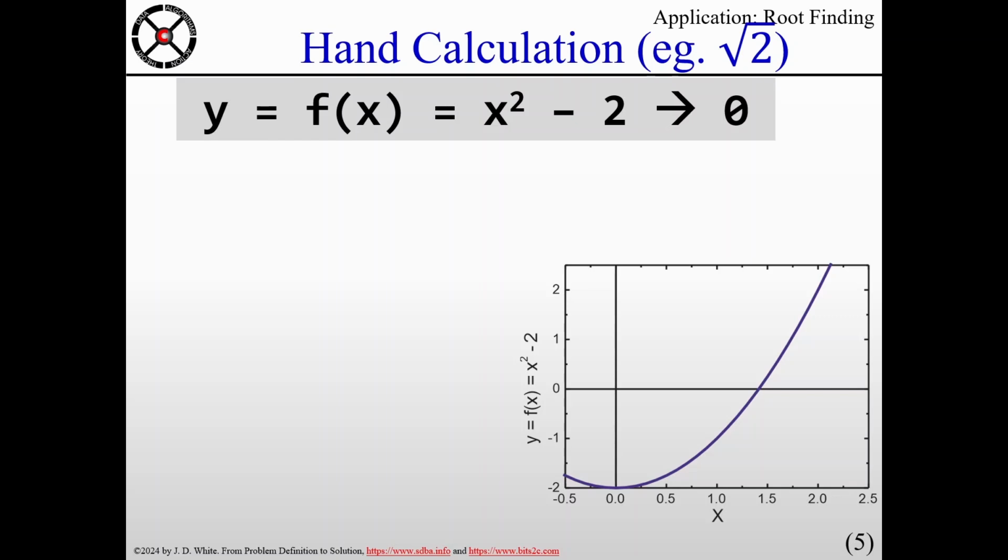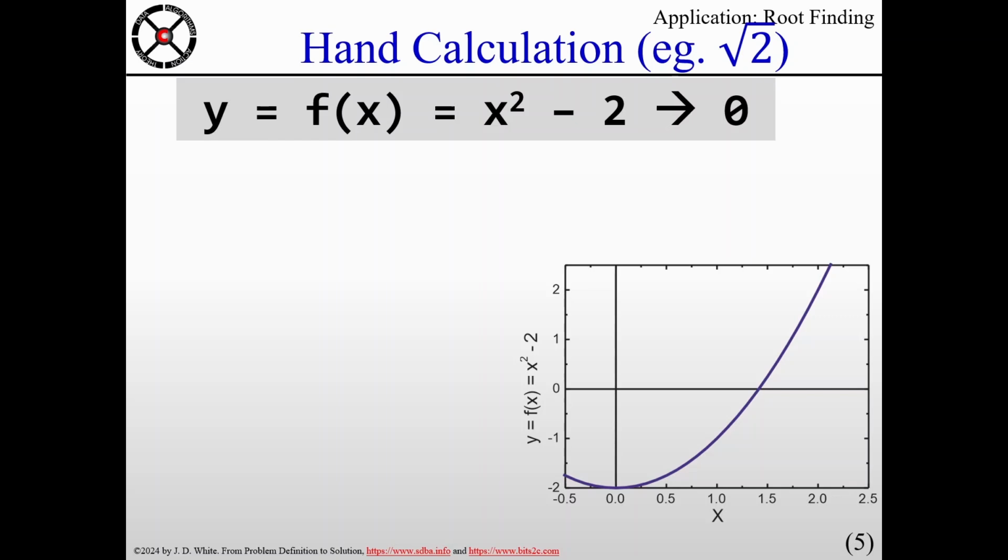So I plot the curve, and I see it crosses y equals 0 somewhere around 1.4. It's this point that I want. If I can find where this equation, f of x equals x squared minus 2, crosses the axis, that's my solution, right there.